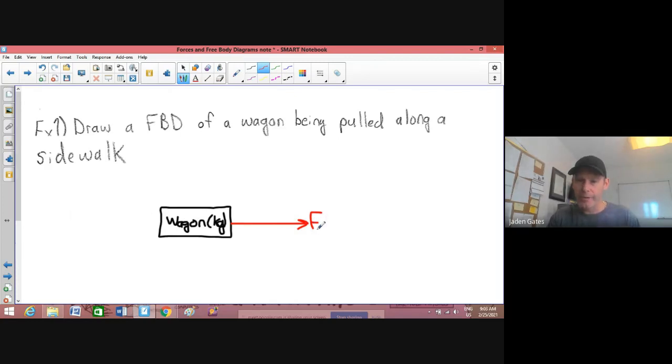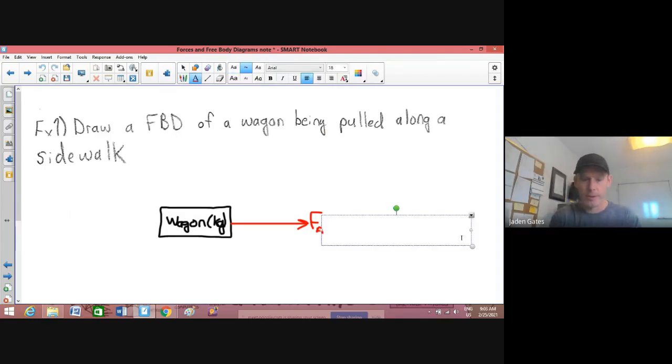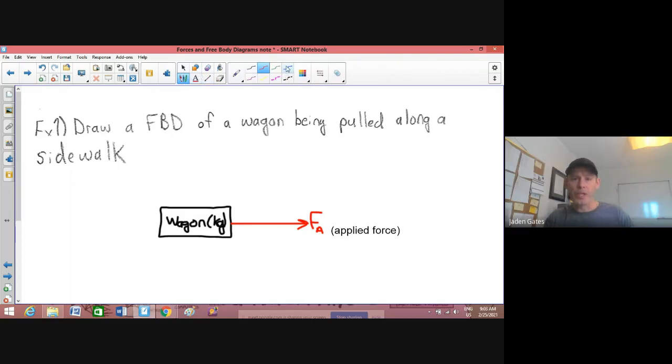And anytime there's a force that's pushing or pulling an object, I call it F of A, and that would stand for my applied force.